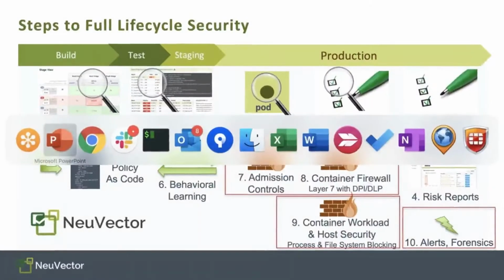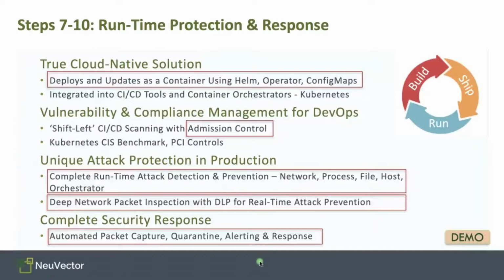Now I'm going to go into steps 7 through 10. So, this is a summary of the capabilities of the NeuVector Container Security Platform. And I've highlighted in red the areas of steps 7 through 10, which you should consider for automation. So the first is deployment of NeuVector itself, configuration of NeuVector using Helm, Operator, and ConfigMap.